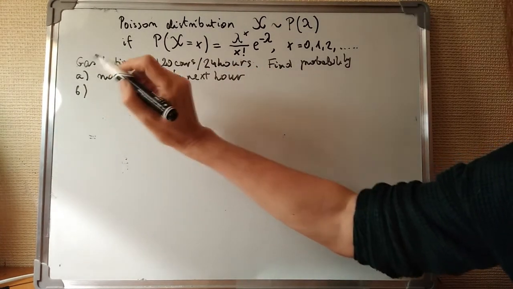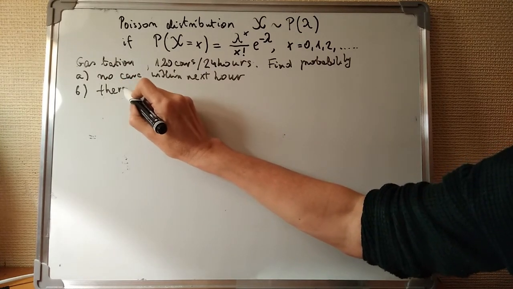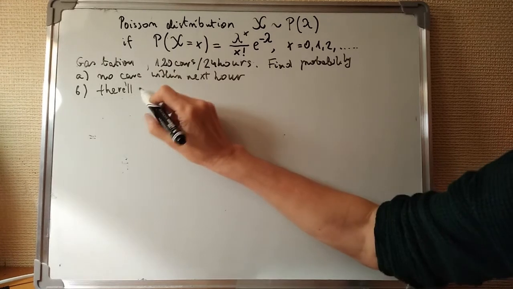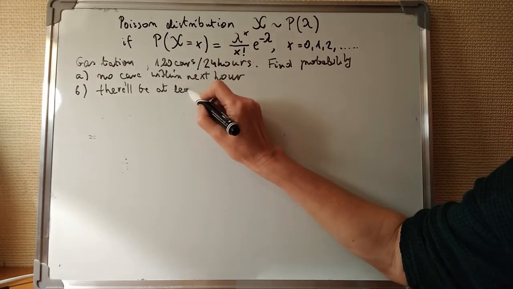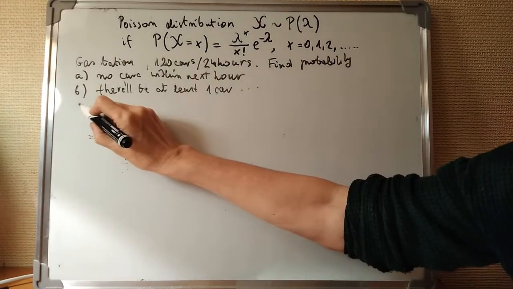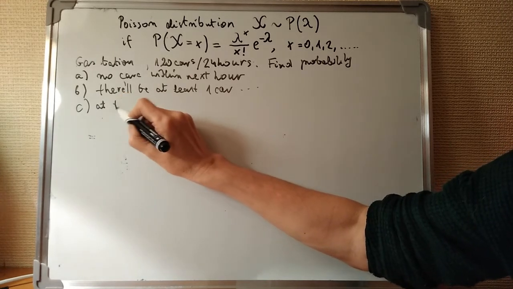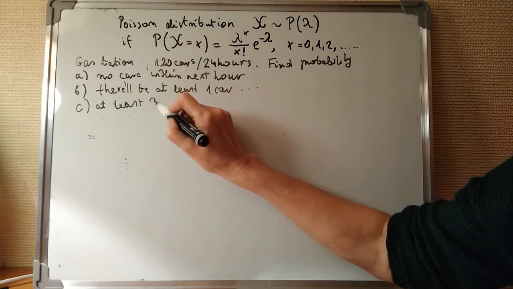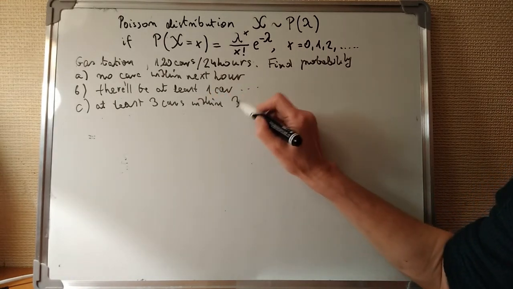Question B: there will be at least one car within the next hour. C: at least 3 cars within 30 minutes.